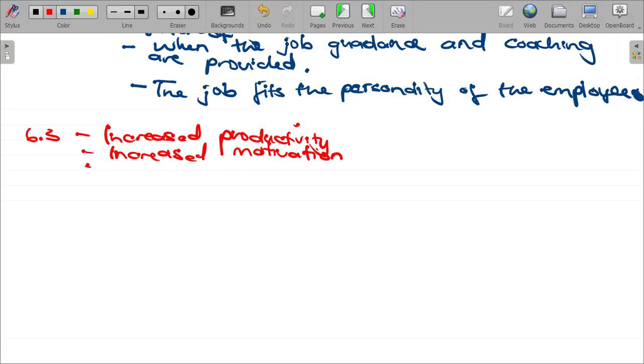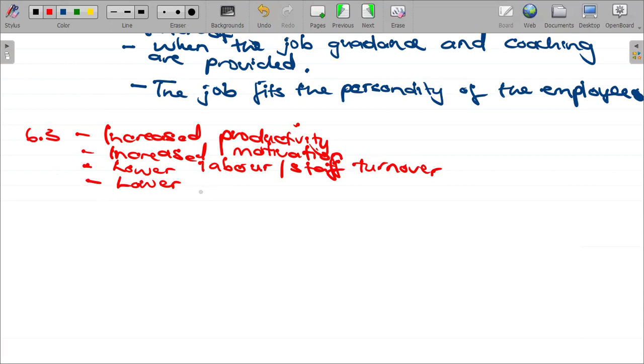And also lower labor turnover or staff turnover. And also it lowers absenteeism, right?